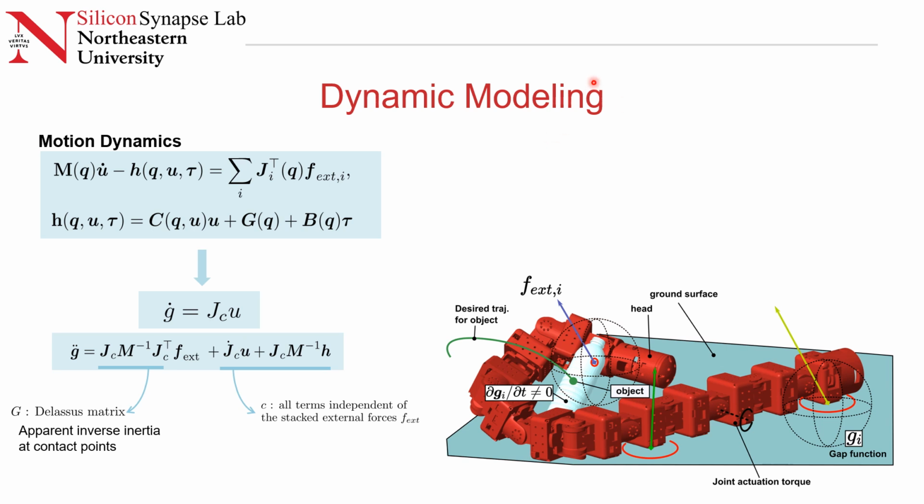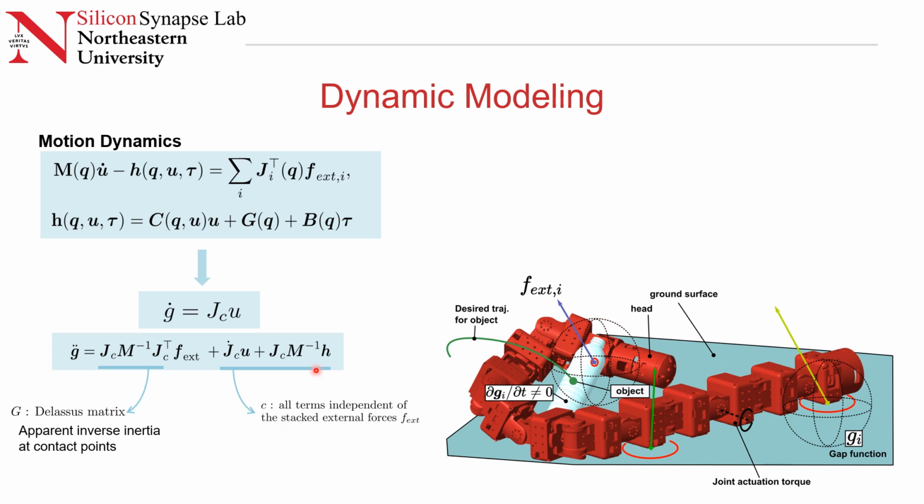Dynamics as follows. So the rate of change of this gap is a function of the contact Jacobian and the joint inputs. So this can be simplified into this equation where this term represents the Delassus matrix, which is the apparent inverse inertia at the contact points.